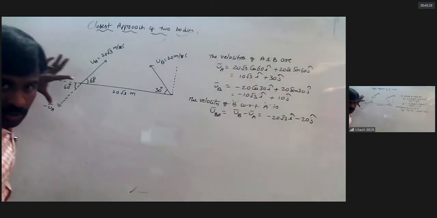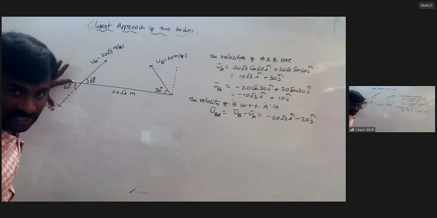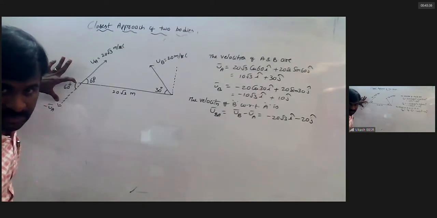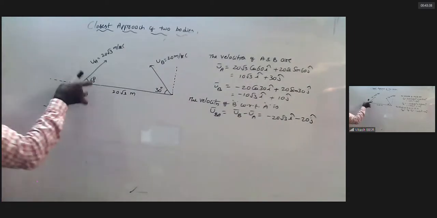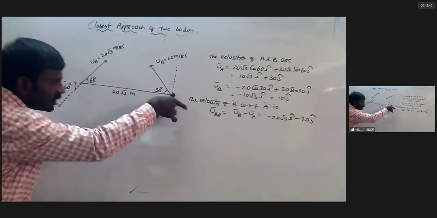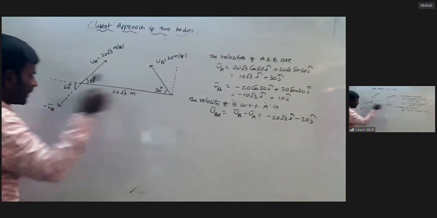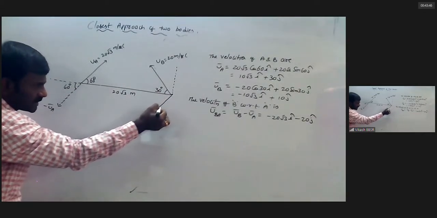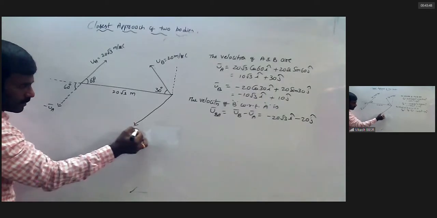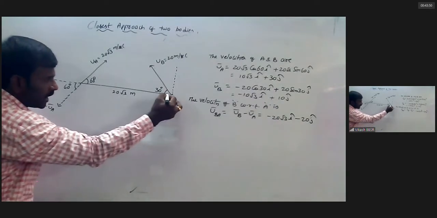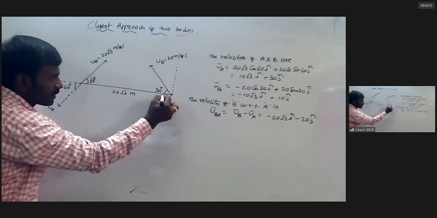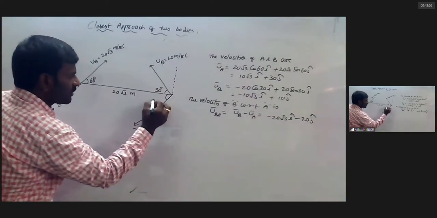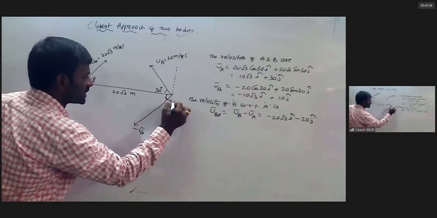You know already the vector is independent of the coordinate system, means a frame of reference. Here you can take. Both are same or different? UA bar minus UA bar, that one I can take like this. Minus UA bar. How much angle here? 60 degree. Now you just share with me where the resultant is.